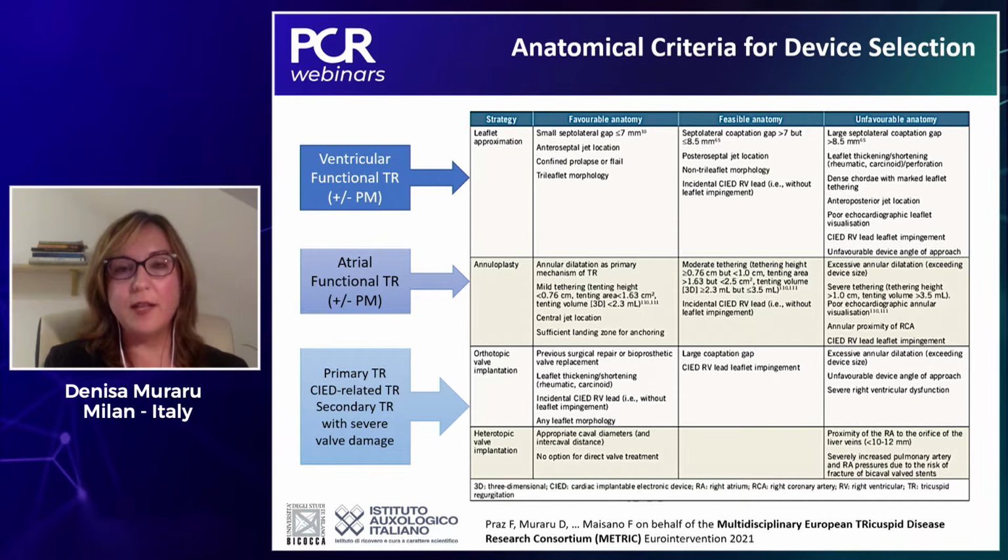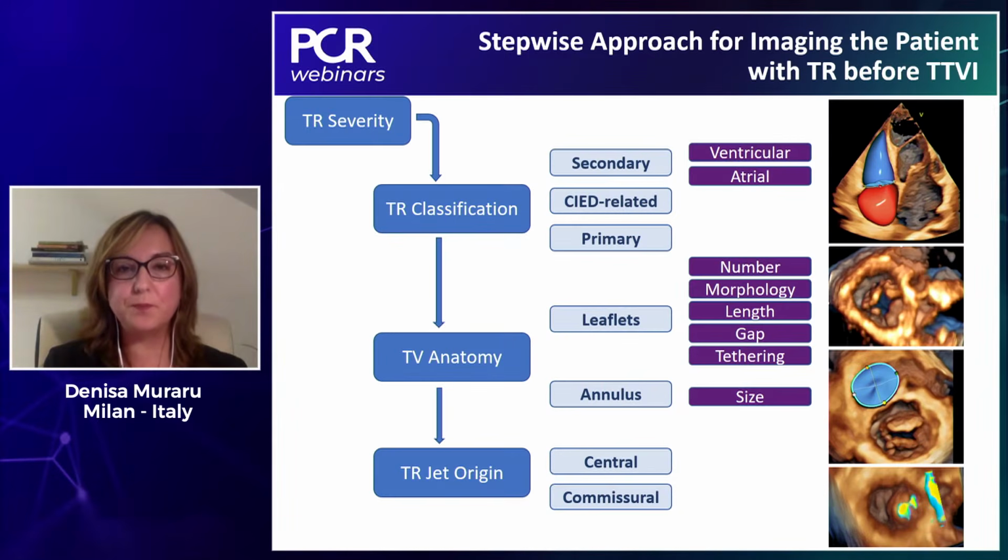Patients that have a less annular dilation but more tethering, the ventricular functional TR, could be considered for leaflet approximation. But if the valve is very damaged, there is a severe tethering, severe annular dilation, or there is a primary cause or leaflet impingement, we should probably replace the valve. And this is how the decision is taken, more or less. Obviously, then there are some important details that Erwan will present to you.